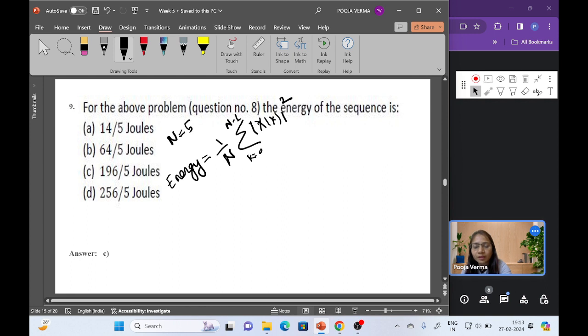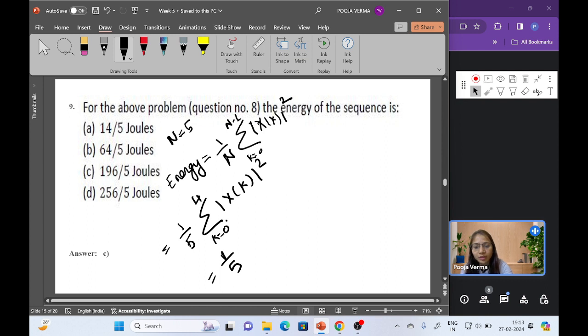Already in the above question we have seen there's a 5-point DFT. So here, 5-point DFT, so n is equal to 5 and k varies from 0 to n minus 1, that is 4. So mod of x of k square.